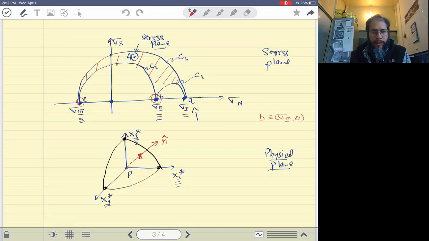Okay, so it pierces out through the sphere at the point x, at the cross, and comes out as a normal n hat. Okay, so this is an arbitrary normal, and that arbitrary normal will correspond to some point on the stress plane. So I don't mean this point A anymore, so I'll remove that.